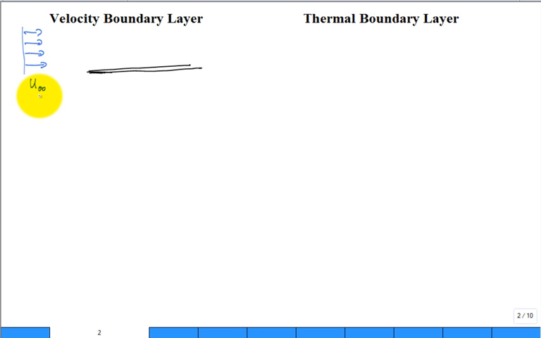When it gets to the flat plate, what happens to the fluid? Well, because of the no-slip boundary condition, the fluid abruptly stops. It's kind of a singularity right at the tip of this plate. But don't worry too much about the tip and the singularity at the tip. Just think of a little distance away.